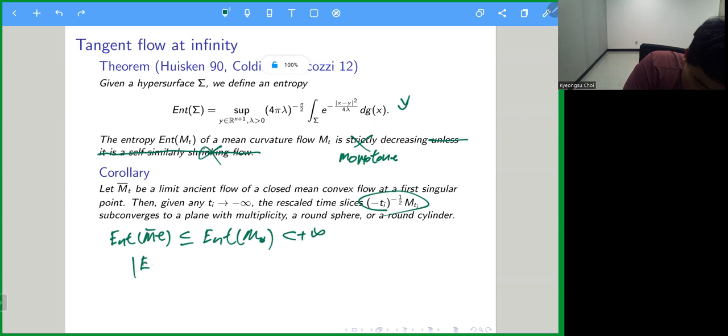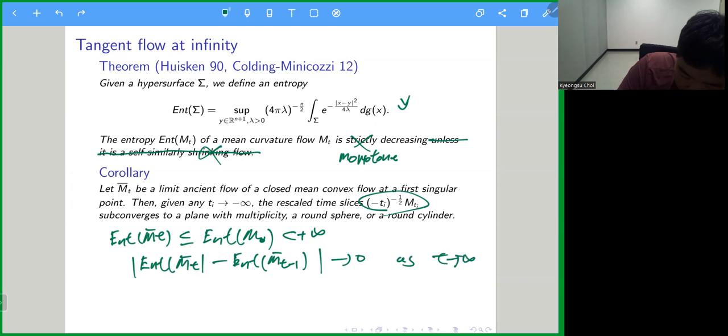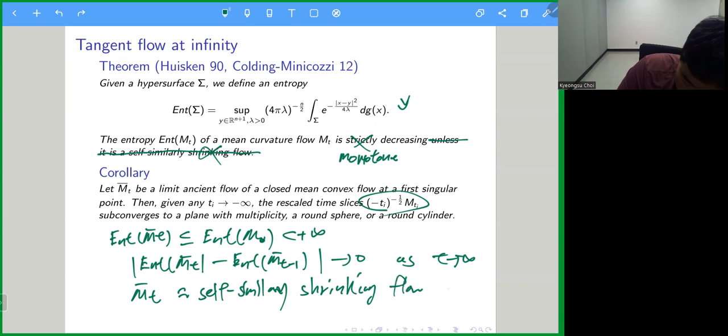So the entropy defined for the unit time converges to 0 as t goes back, which means that somehow we can show that M_t behaves like a self-similarly shrinking flow at t very negative.